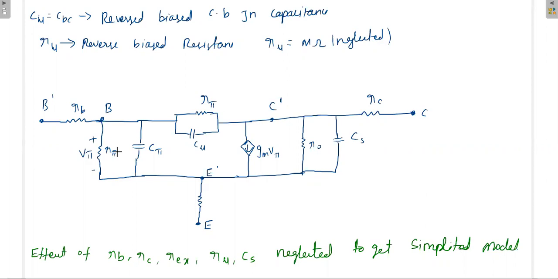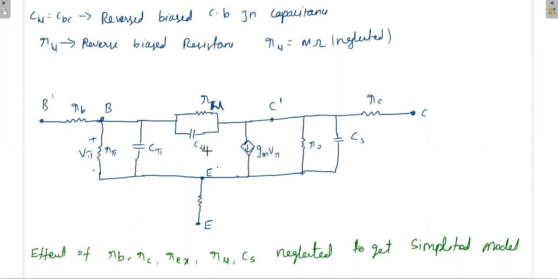See, once you combine all these: base to base, RB the spreading resistance, R pi, then V pi will be there. One more capacitance comes in parallel with R pi, that is C pi. In general this will be open, but at high frequency we have here one resistance and one capacitance, R mu and C mu.